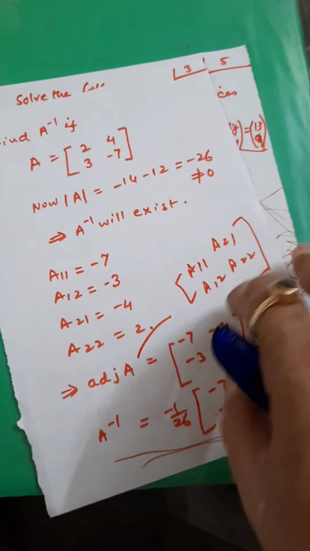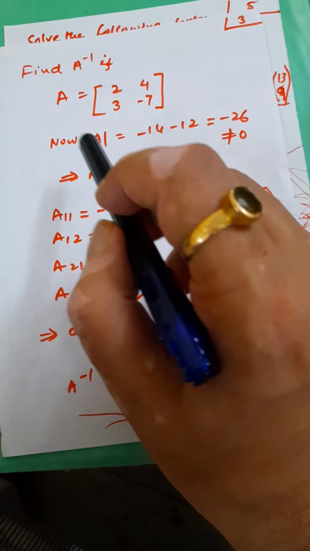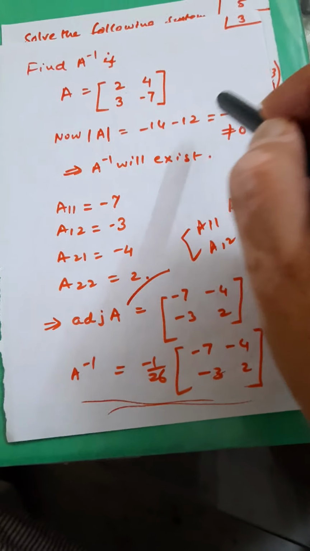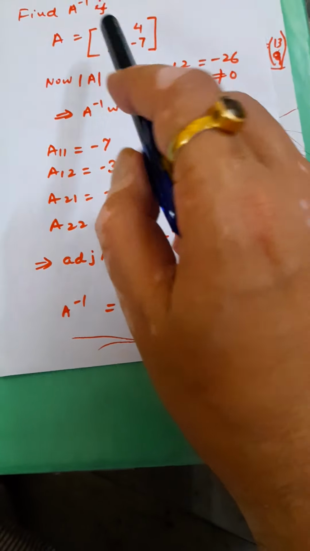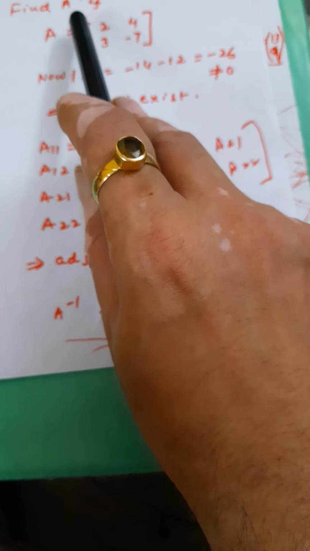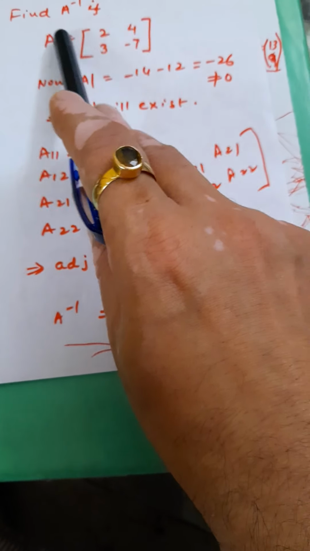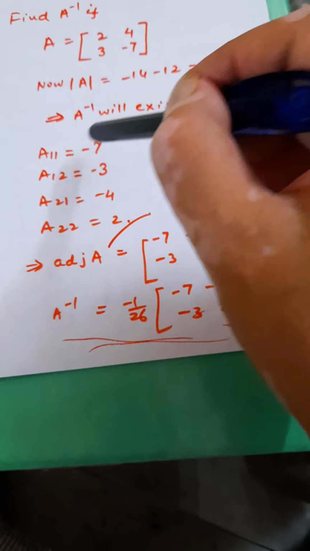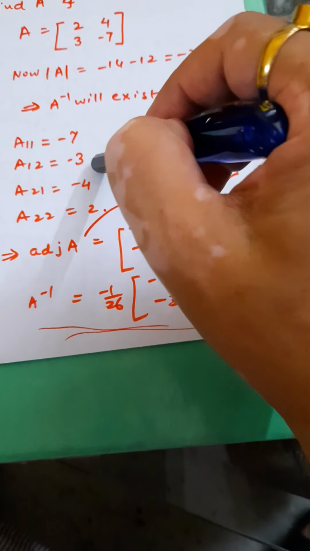Now find A inverse if matrix A is 2, 4, 3, minus 7. You will calculate determinant of A: minus 14 minus 12 is minus 26, not equal to 0. A inverse will exist. Now the cofactor A11 is found by taking the determinant of the matrix obtained by deleting that row and column where 2 lies. So A11 is minus 7. A12 is minus 3.